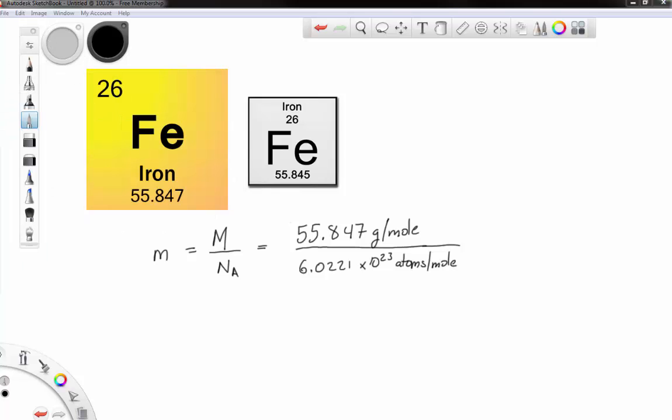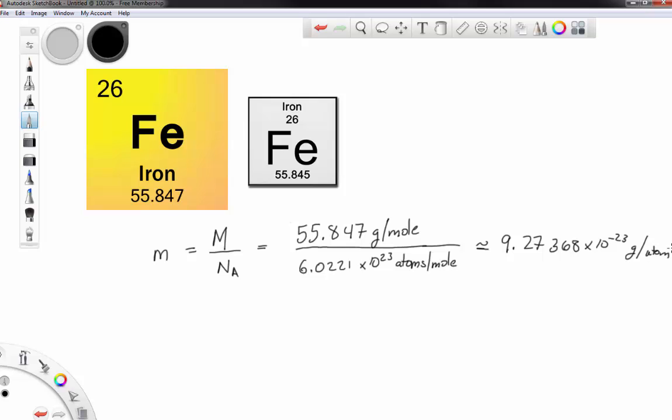It looks like we can write that the mass of a single iron atom is approximately 9.2736, and maybe we'll keep the last digit but round off because it's actually 3675, so we'll round that off there, times 10 to the minus 23 grams per atom.